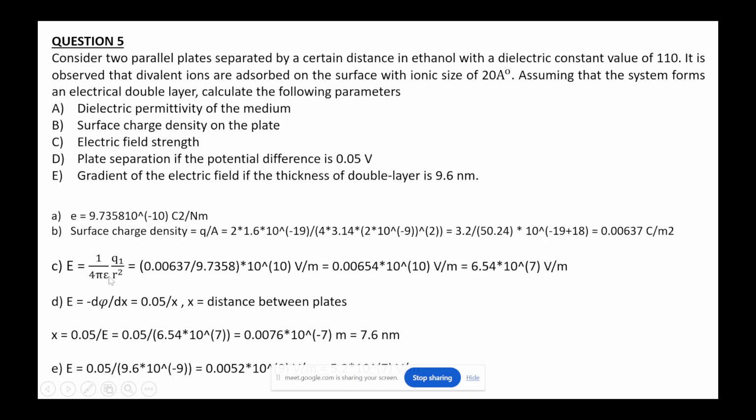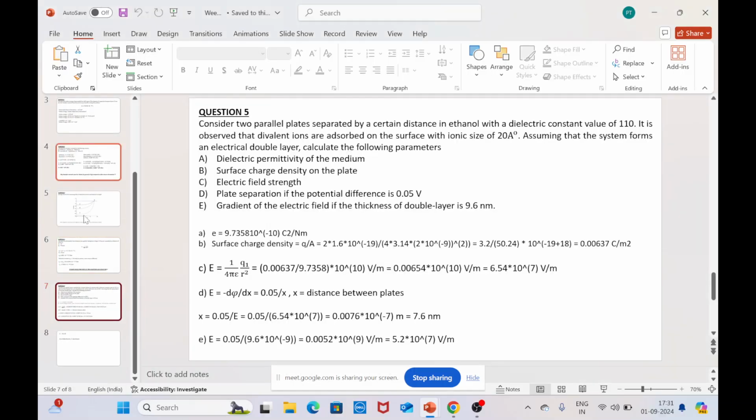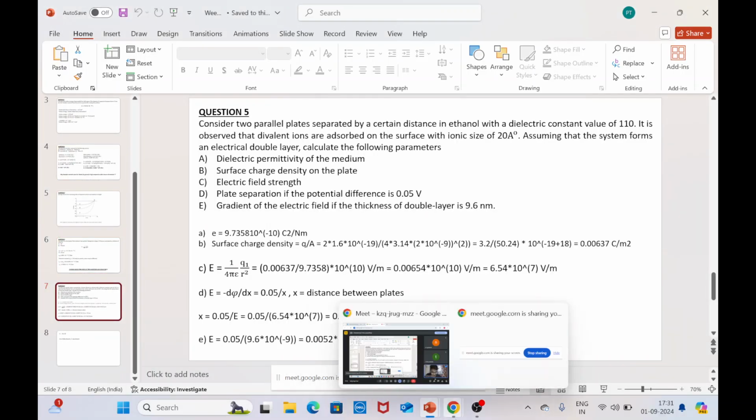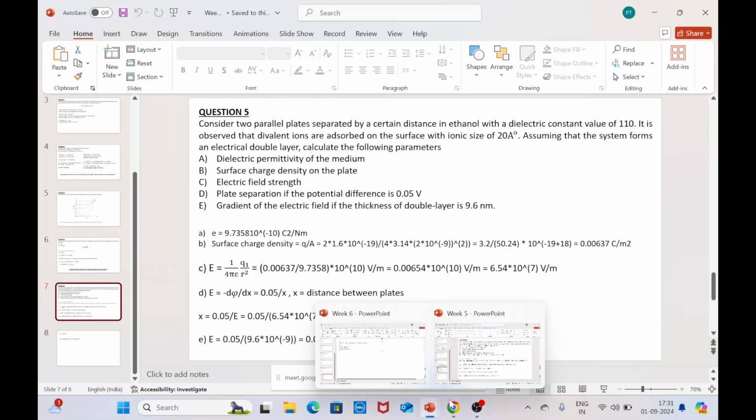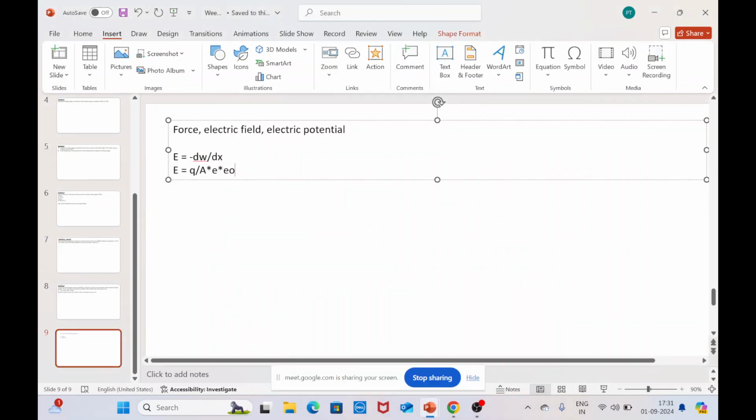We rearranged this term as Q1 by 4 pi R square times epsilon. Q by 4 pi R square is nothing but Q by A, so we took it as surface charge density divided by epsilon. That is what we are writing here also.